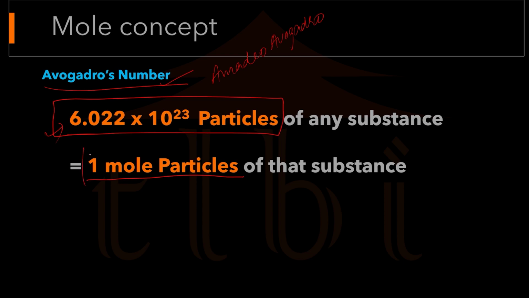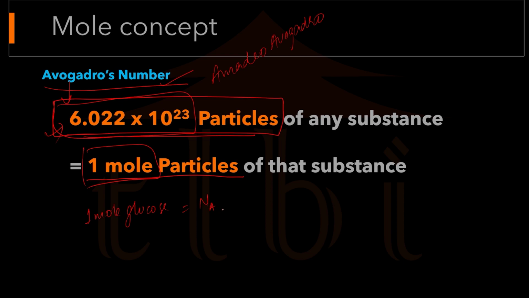So mole is the name given to that number of particles, and this number is called Avogadro's number. By the way, this Avogadro number has the abbreviation Na.